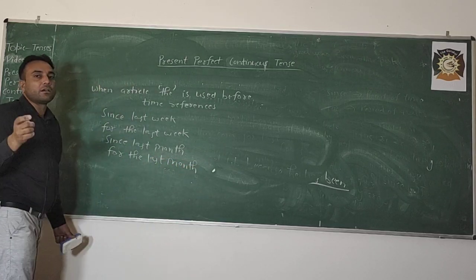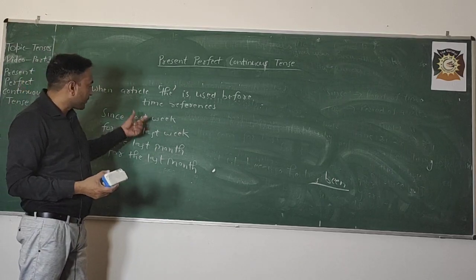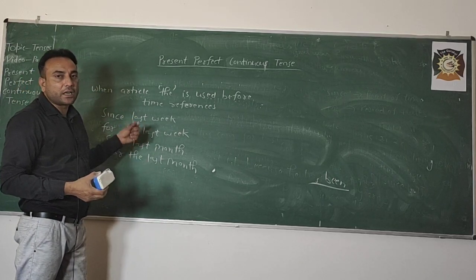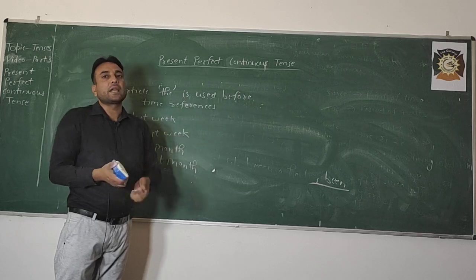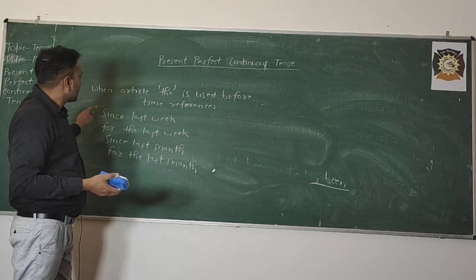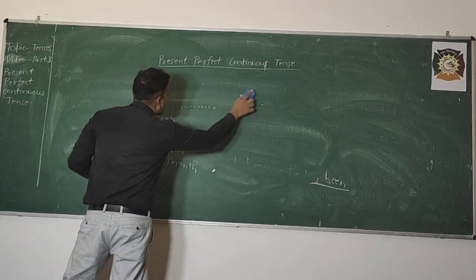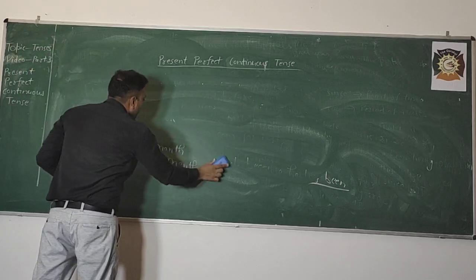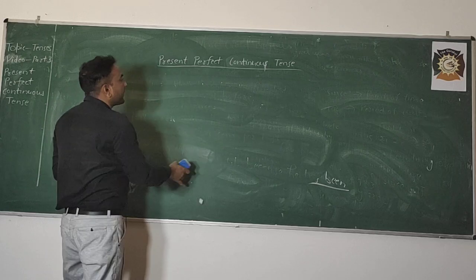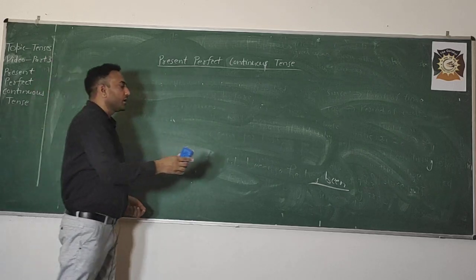I will give you an exercise and you have to keep this rule in mind, and when I give you the exercise, I will check whether you remember this or not. So this is the thing, you have to keep it in your mind. Come to next. Now these are the uses of present perfect continuous tense.